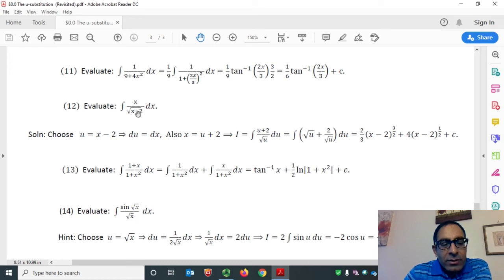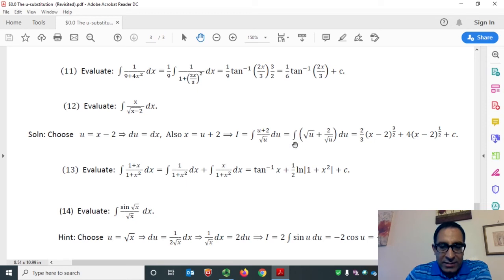Then the given integral I equals, x is u plus 2, so u plus 2 in my numerator, and my denominator is simply radical u du. So here our new integral is not easily integrable. Now I need to do something extra here. So now from here to here, let's distribute our denominator.